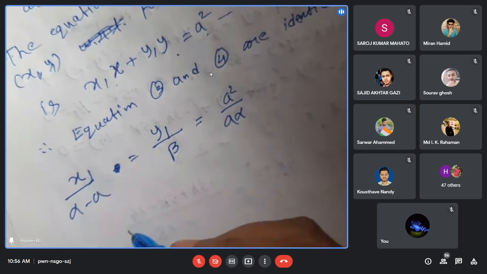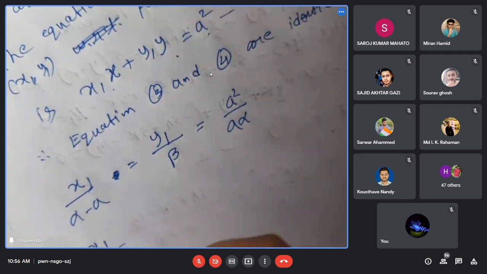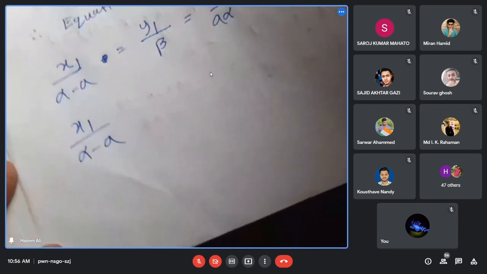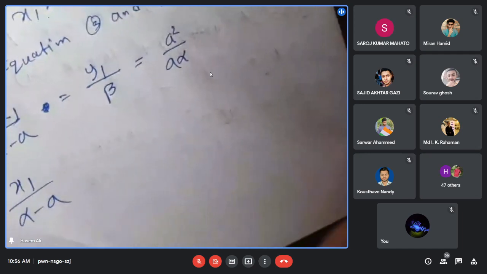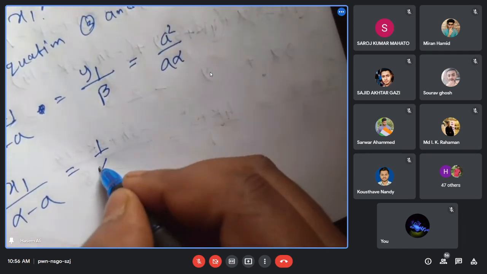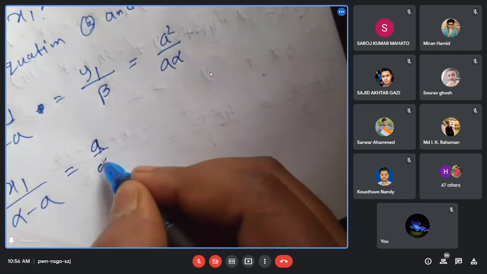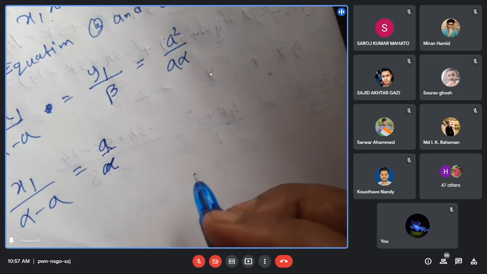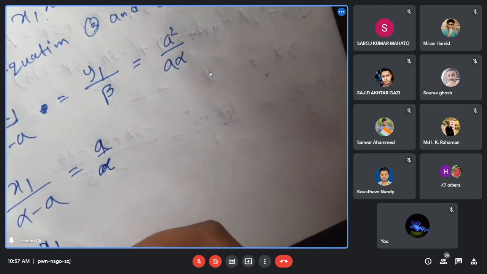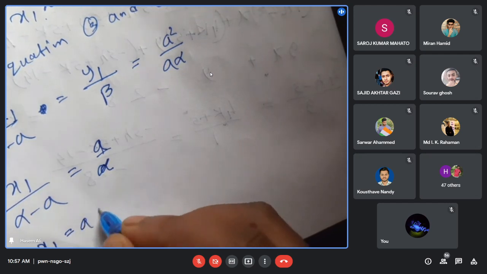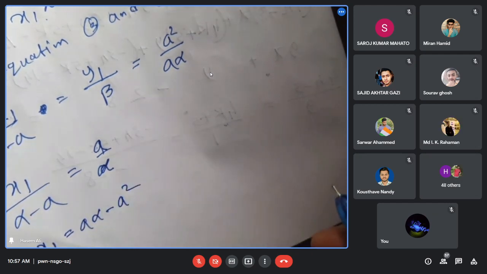From first and last, x1 by alpha minus a equals a square by a alpha. That means x1 by alpha minus a equals a by alpha. So alpha x1 equals a alpha minus a square.